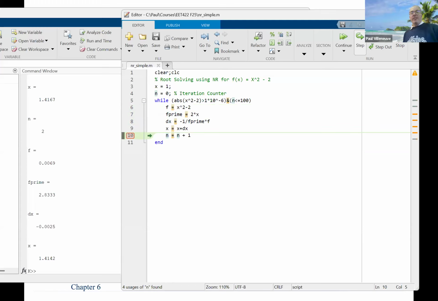Now it's 0.0025. So about a quarter of what it was before. But let's check and see if that's less than 1 micro. Not quite. It's 6 micro. It's still a little bit too big for the rules that I had. So let's keep going. Now I'm at 1.414. Let's check again. Oh, it's done. It finished.